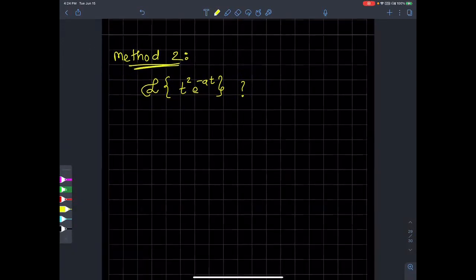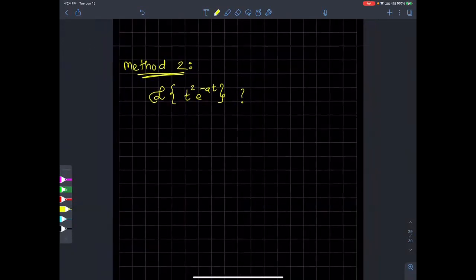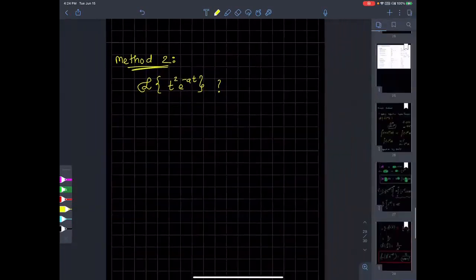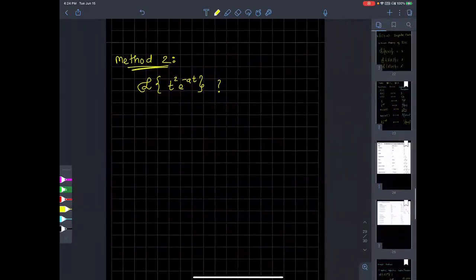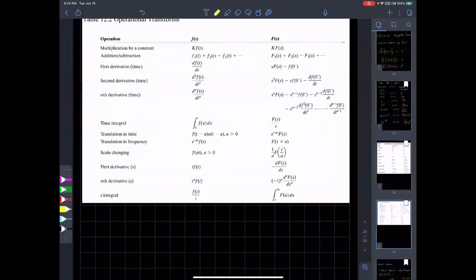In other words, you can go back to these tables. Okay, I'll copy this: t squared e to the minus at.